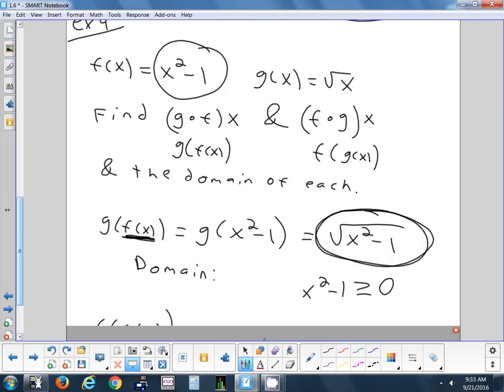I want x squared take away 1 to always be 0 and up. If that doesn't make sense, think of it this way: you want x squared always greater than or equal to 1. As long as that happens, what's under this root will never be negative. So what kind of numbers can I square and they come out greater than or equal to 1?